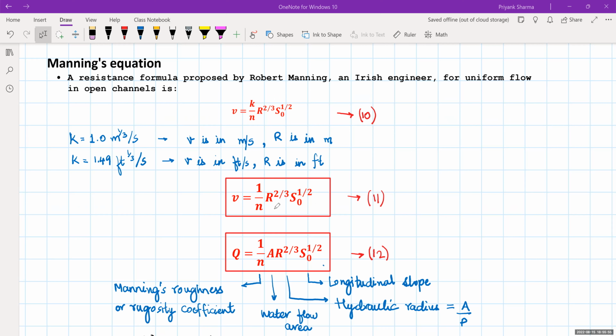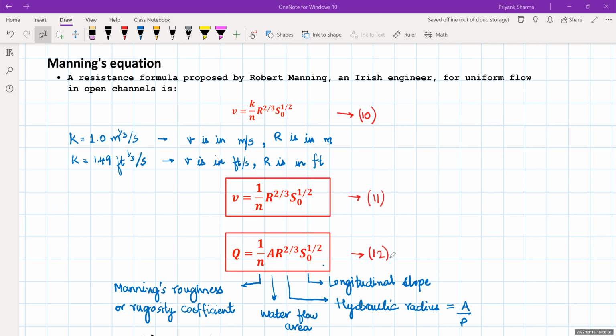So velocity is proportional to the 2/3 power of the hydraulic radius and the square root of the longitudinal slope. In case of Chezy's equation, velocity was proportional to the square root of R. Here it is proportional to the 2/3 power of R, and the discharge is given by Q is equal to 1 by n A R raised to 2 by 3 S naught raised to half, where n is Manning's roughness, sometimes also called the rugosity coefficient, A is the water flow area, R is the hydraulic radius, and S naught is the longitudinal slope.